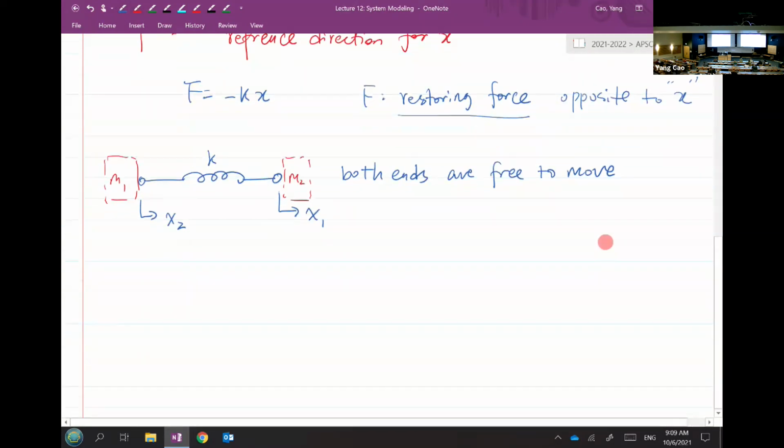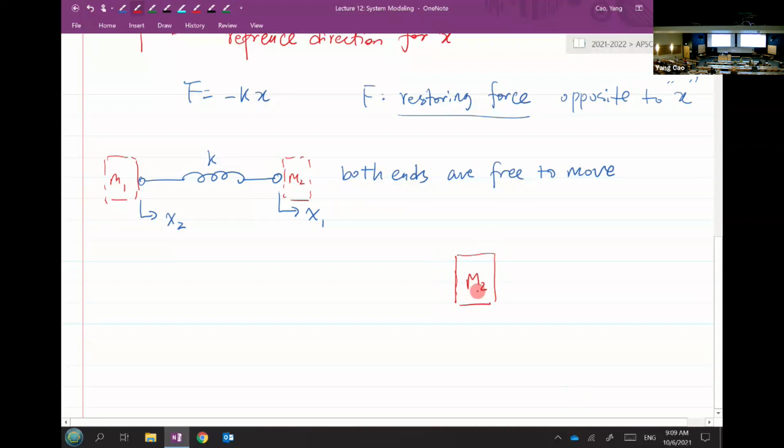Now, how can I draw the free body diagram, for example, for this M2? In order to derive an equation of motion using Newton's second law, we need a free body diagram.